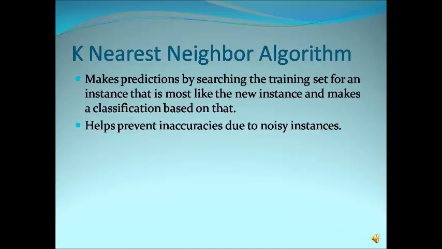So if you have a new instance and that is near several instances, it takes a look at k number of nearest instances and finds out the most common class of all the nearest neighbor instances, and chooses that as the class to which to classify the new instance.